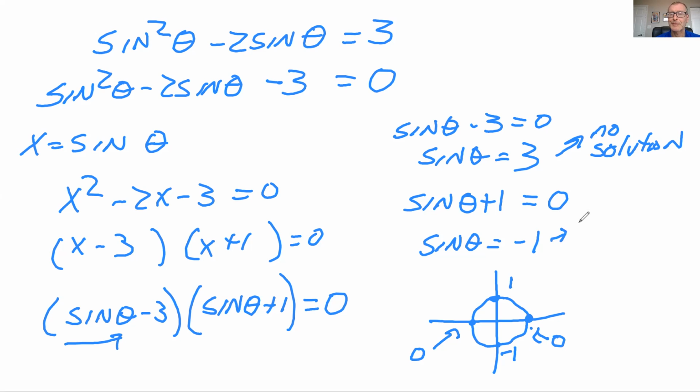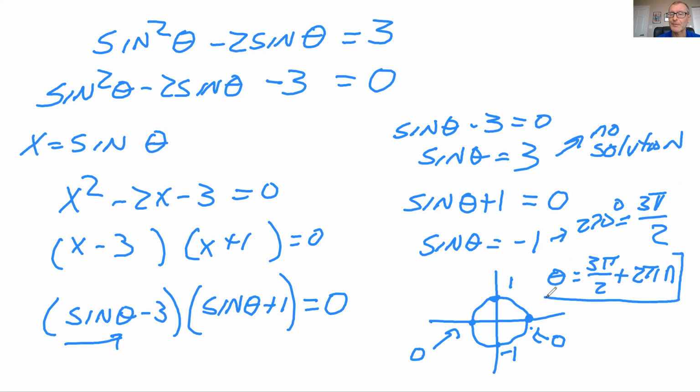If you think about that, that would be 270 degrees, or 3 pi over 2. And so when we do all values, we would do theta equals 3 pi over 2, and then the period of sine is 2 pi, so plus 2 pi n. That would be the solution set for this equation.